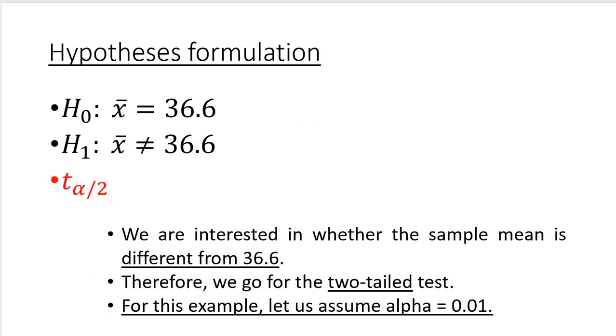So that's why our null hypothesis states that average body temperature is equal to 36.6, and the alternative one states that it is not.